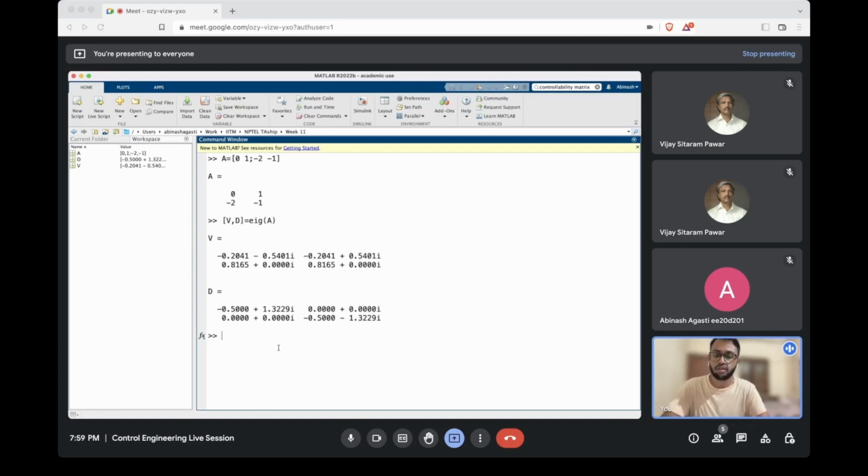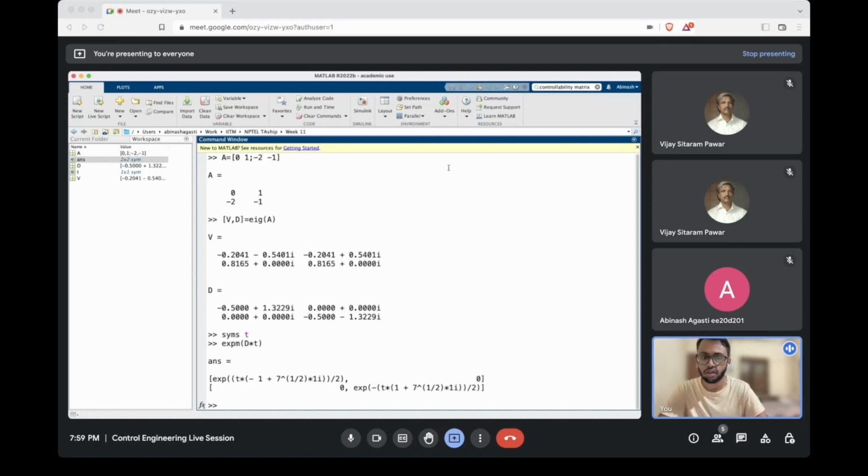So let's do that. I'm taking a symbolic variable t. Let's see if this thing works out. Yeah, it works out, and we have this value for e to the power Dt. Now we just need to find V into that exponential of D into inverse of V, right?